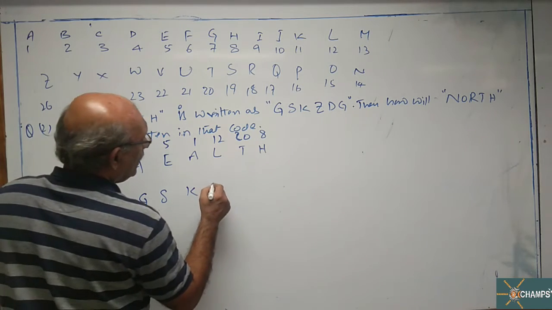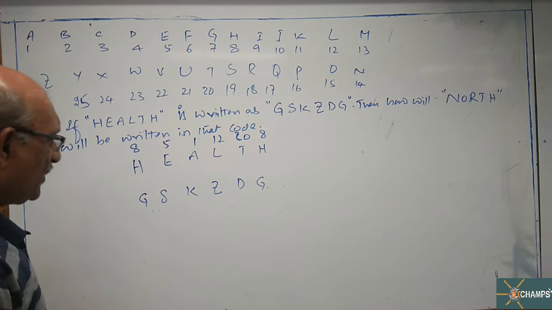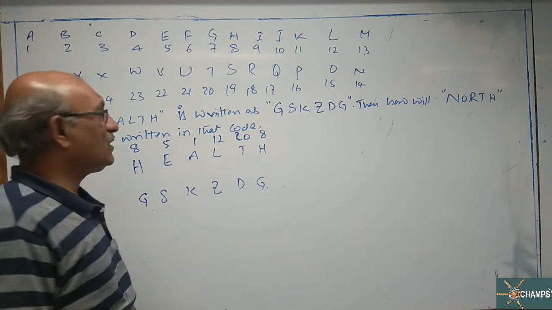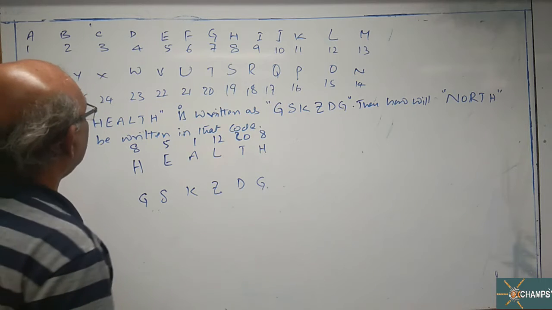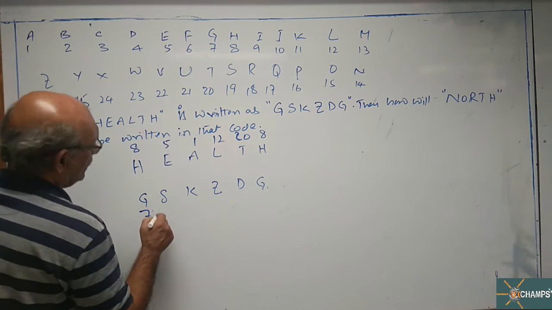GSK ZDG. Now again assign the numericals for this according to their position. G numerical is 7. S is 19.